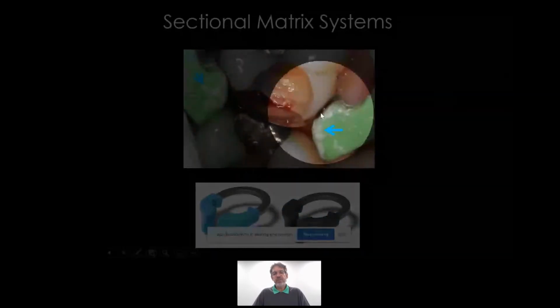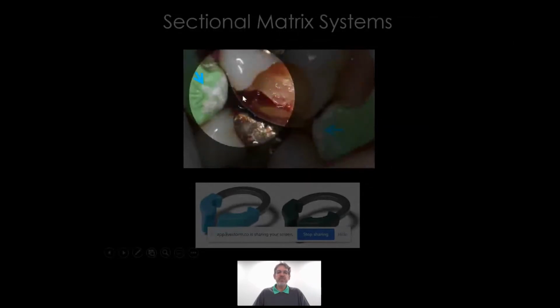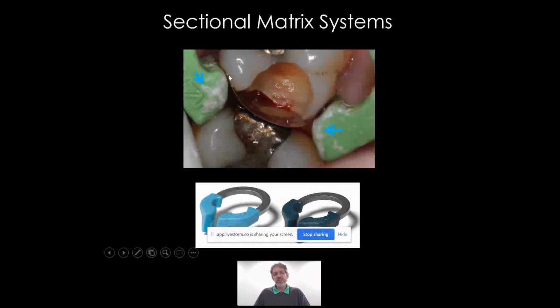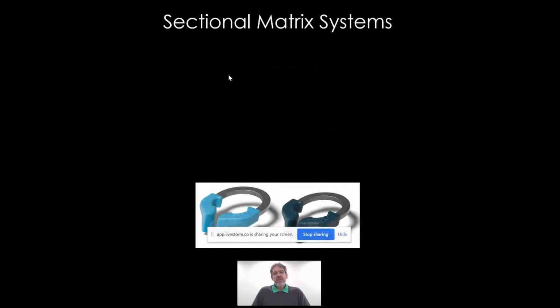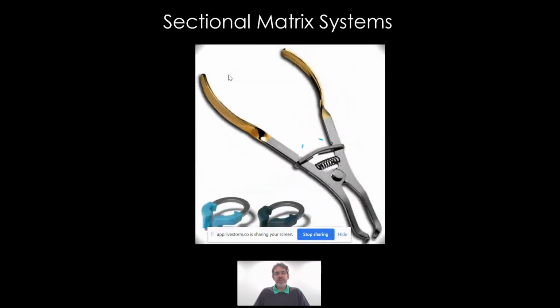So sometimes it'll adapt well to the buccal surfaces of the restoration, but might not adapt as well to the lingual surfaces of the restoration. And then additionally, we have the same issue with rubber dam clamps. The profile of these rings is much lower. So again, it makes it more of a challenge when trying to seat these rings when you do have a rubber dam clamp in place.